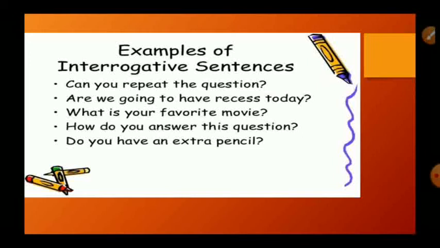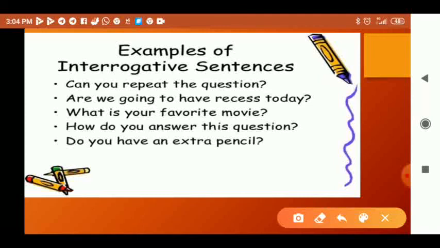These are all interrogative sentences. In all these, we can see the first one and second one are interrogative sentences in the form of yes or no questions, and number 3 and number 4 are in the form of WH questions, and the last one is also in the form of a yes or no question.